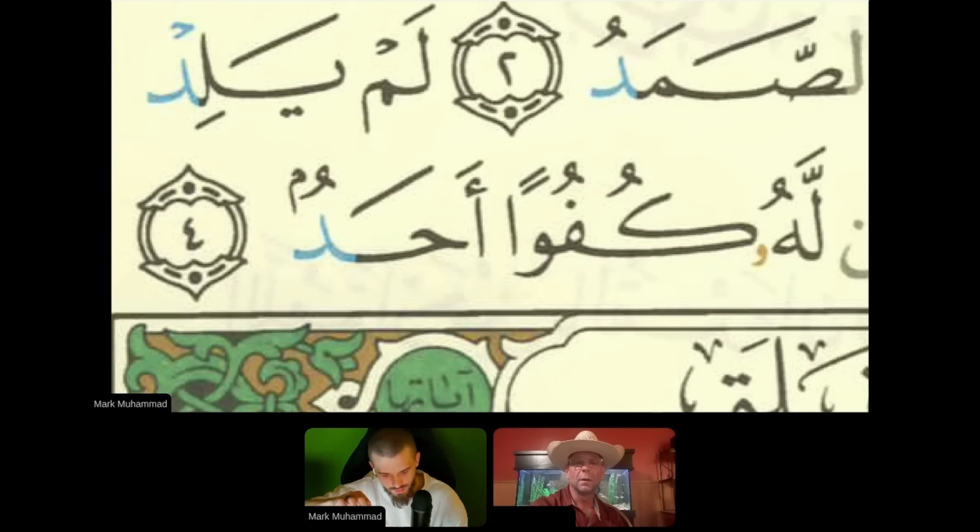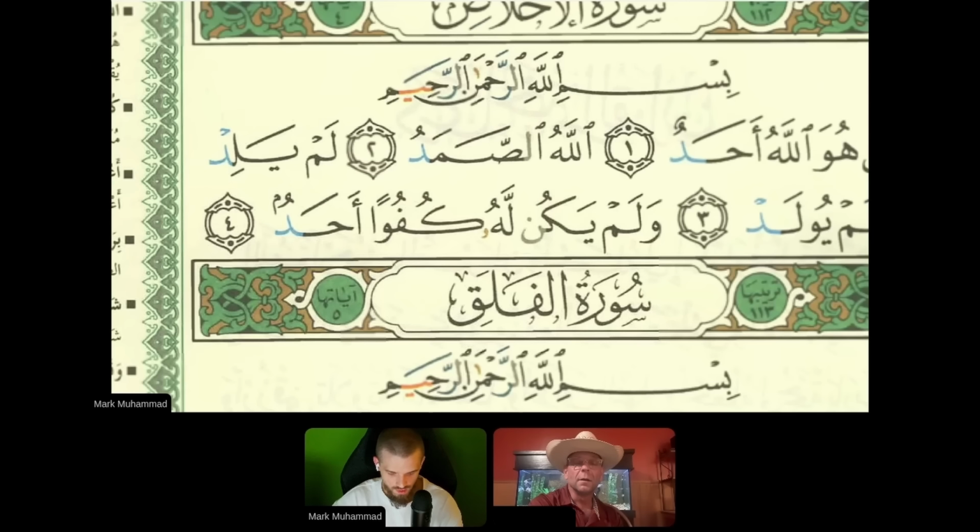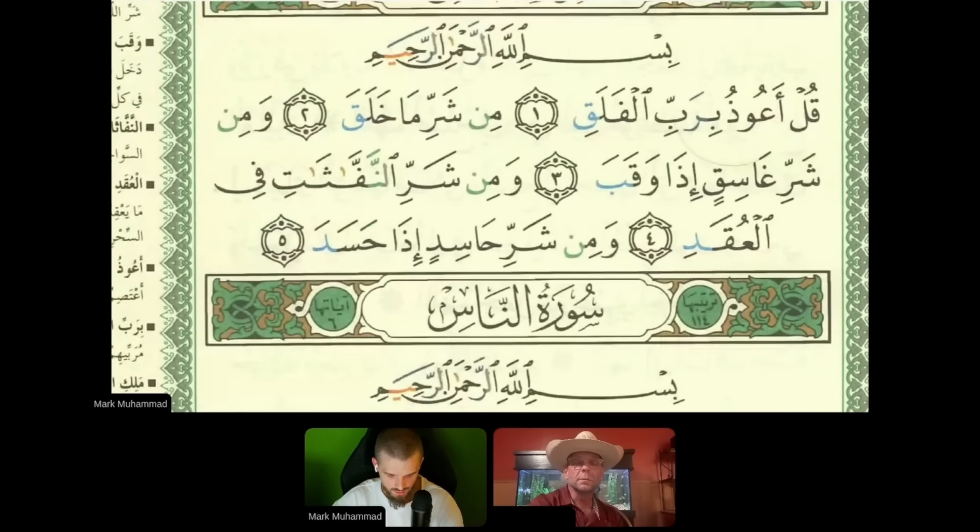So in the Quran, they will write the dhammatain either like this, like I told you, it could be two of them next to each other, or it could be like this, or it could be like the way it's written here. We don't need to know that now, but this is also the same word as we just read. So this is also dhammatain. How would you read it? Ahadun. Exactly. Cool.